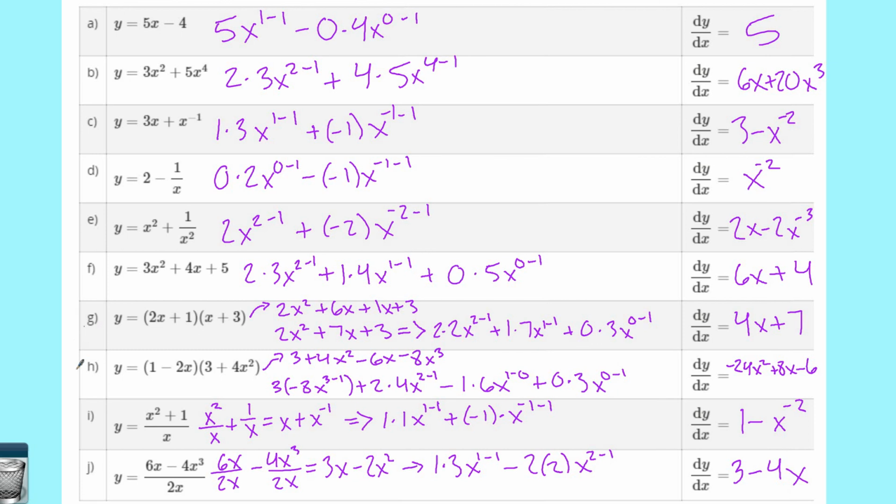G and H were particularly interesting because I could not take the derivative directly because there was multiplication. So I FOILed first, then I took the derivative. For I and J, notice that it was division. I don't know how to do that directly, so what I did is split it into two fractions. I divided each part by the denominator, and then I took the derivative. If you have any questions, let me know.